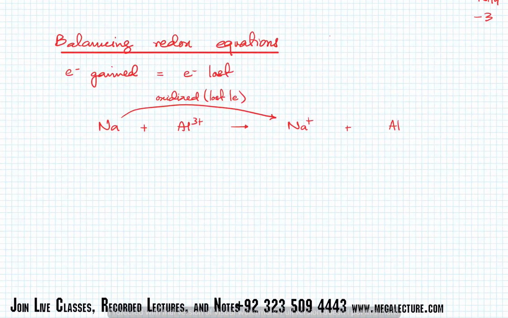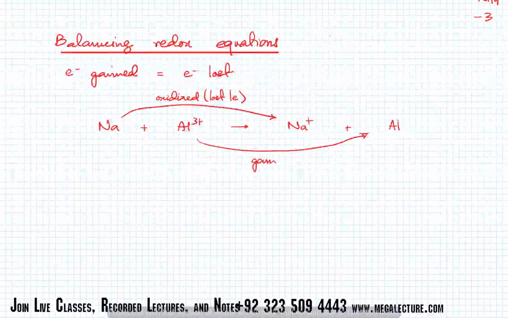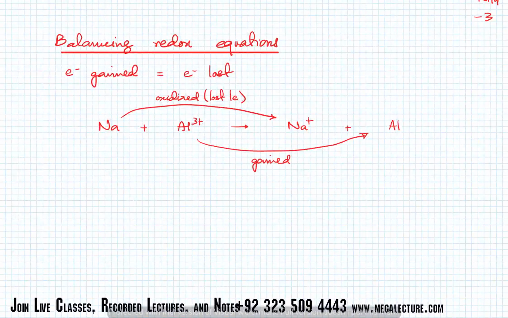And Al is the one that gained electrons. So it got reduced, and it gained 3 electrons.